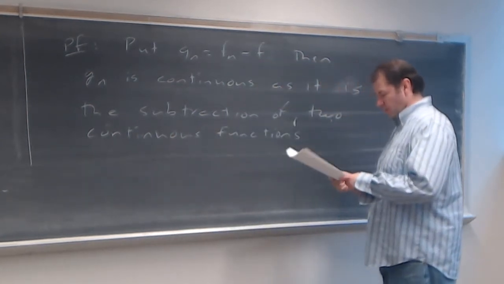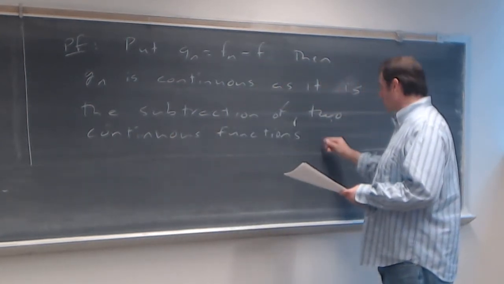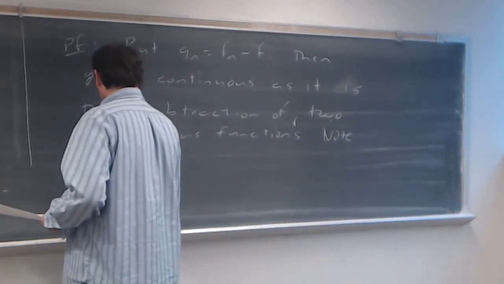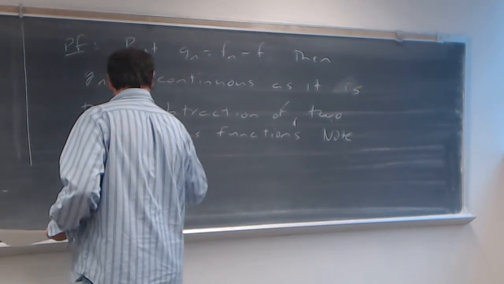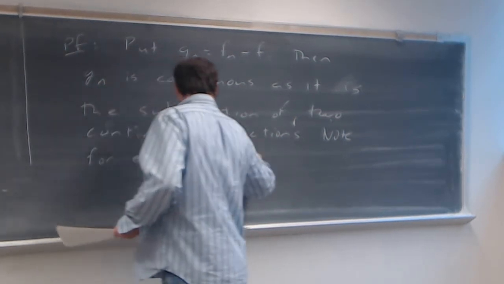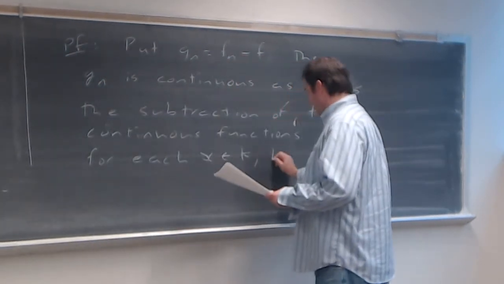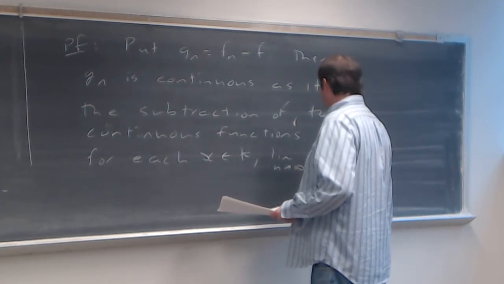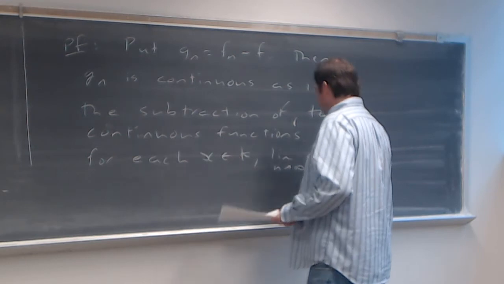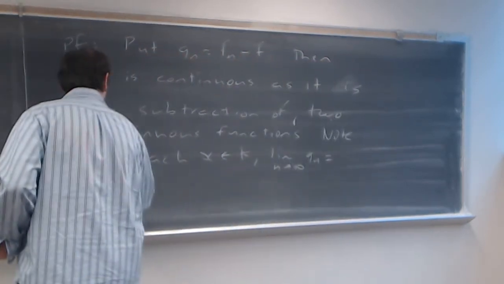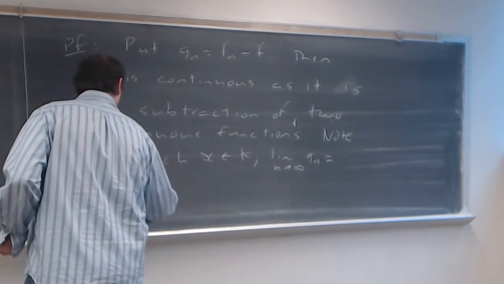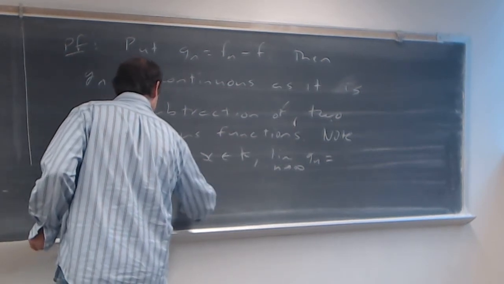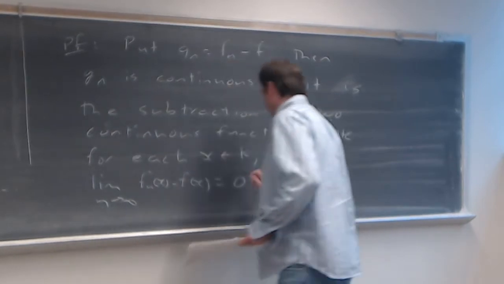Note, for each x element of K, the limit as n goes to infinity of g sub n of x equals the limit as n goes to infinity of f sub n of x minus f of x, which is equal to 0.